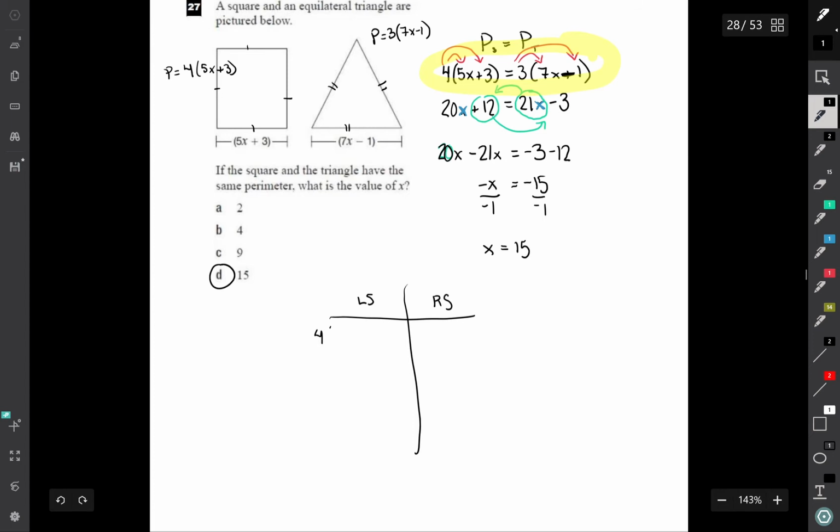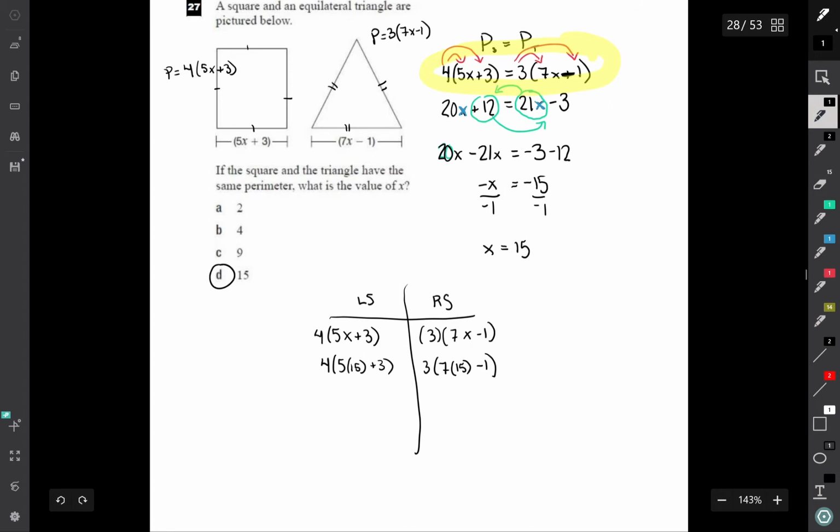So we start with 4 times 5x plus 3 and 3 times 7x minus 1. So 4 times 5 times 15 plus 3, and then 3 times 7 times 15 minus 1.